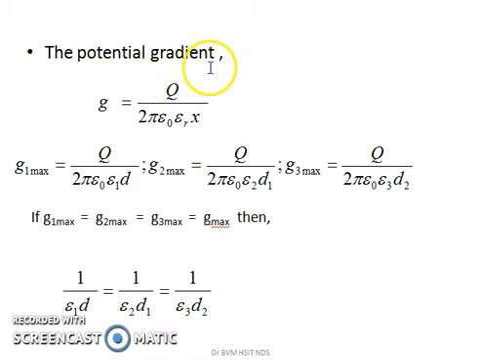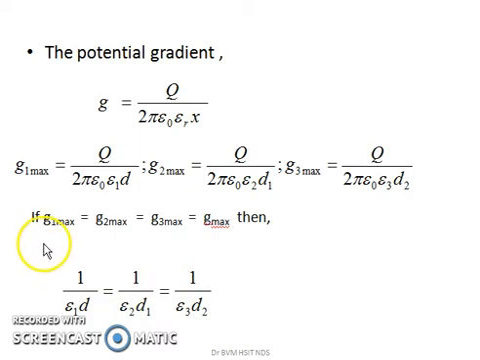So the potential gradient G is given by G is equal to Q by 2 pi epsilon naught epsilon r into x. So G1 maximum, that is the maximum potential gradient in the first dielectric, is given by Q by 2 pi epsilon naught epsilon 1 into d, and G2 maximum is equal to Q divided by 2 pi epsilon naught epsilon 2 D1, and G3 maximum is equal to Q divided by 2 pi epsilon naught epsilon 3 into D2.